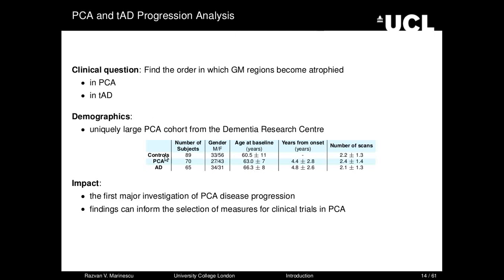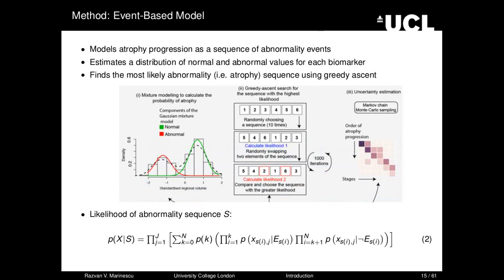One of them was an event-based model, or the EBM, and another one was a differential equation model, or the DEM. And afterwards, I've also looked at evaluating the performance of several of these disease progression models in order to be able to say which one is better at particular tasks or according to different criteria.